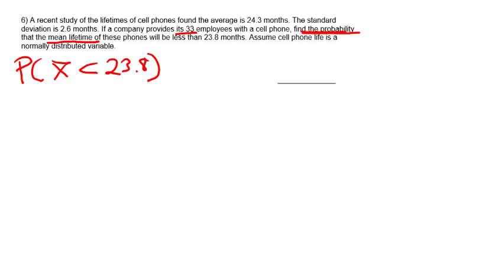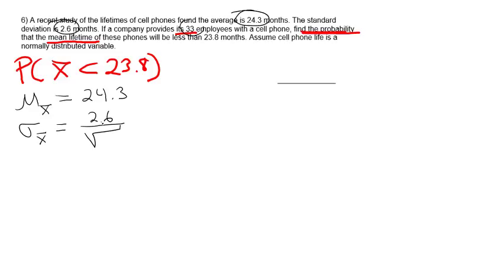Since I'm talking about the sample mean, the way I get to the table is first figuring out what the mean of the sample mean is. Well, by the central limit theorem, that is exactly what the mean is for the population, 24.3. The standard deviation associated with the sample mean is equal to the standard deviation associated with the population divided by the square root of the sample size.